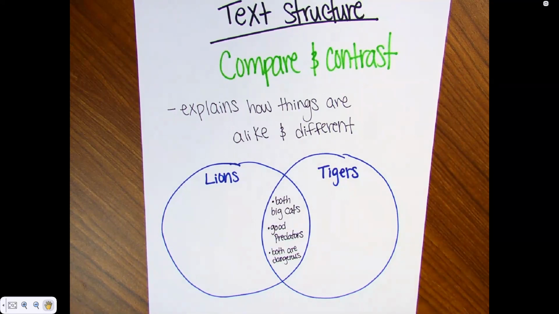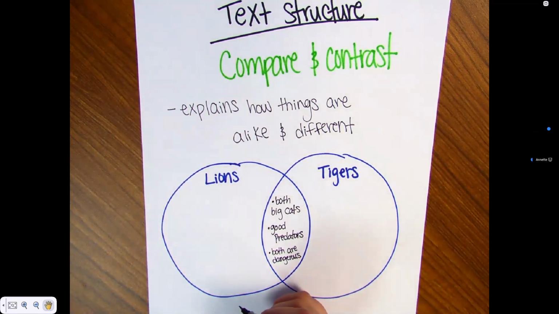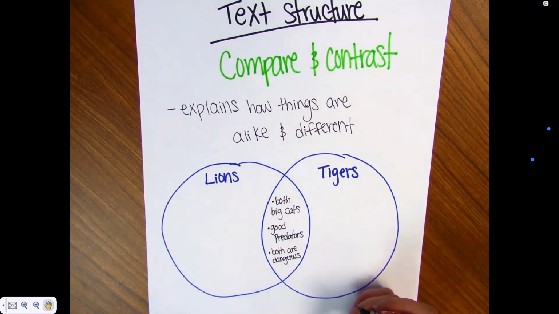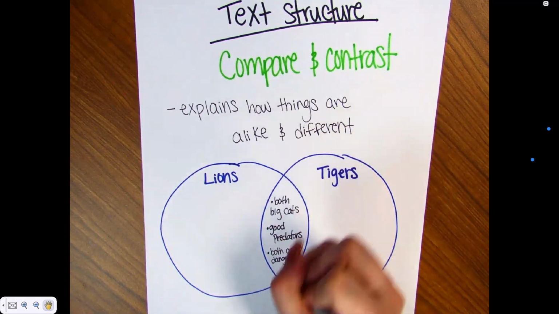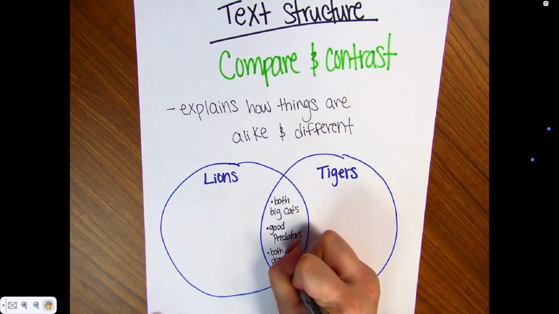No. Okay. Sarah? They're both in the cat family, and they both have 30 teeth. They both have what? Sturdy teeth? They both have 30 teeth. Oh, 30 teeth. Okay.